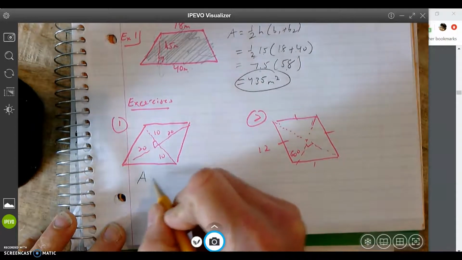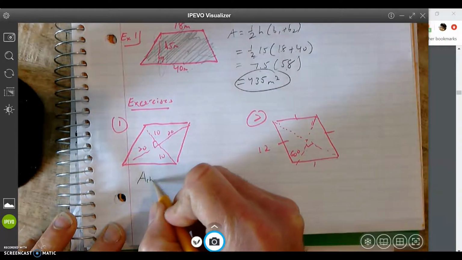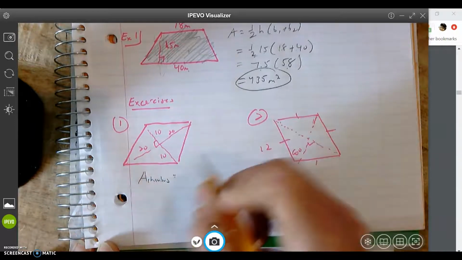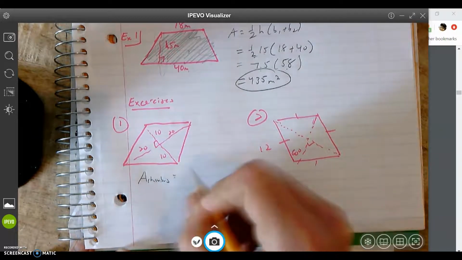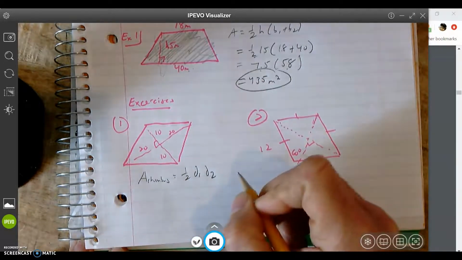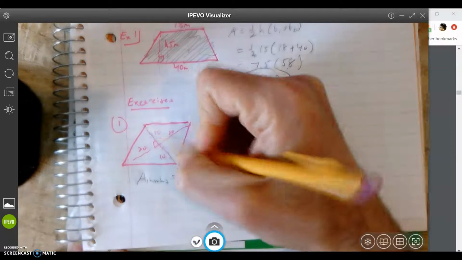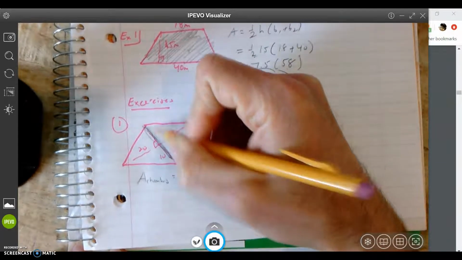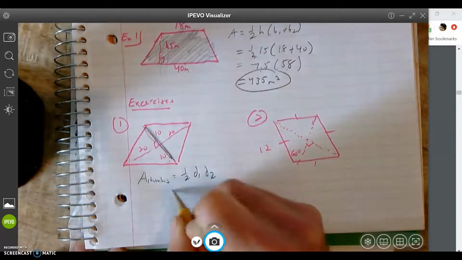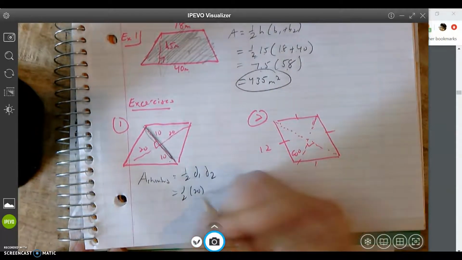So, area of a rhombus, I'm going to write it down. The area, and then you can put rhombus really small underneath. So the area of a rhombus is 1/2 times one diagonal times the other diagonal. So one diagonal is this. Is that 10? No, that's 10 plus 10, so that would be 20.